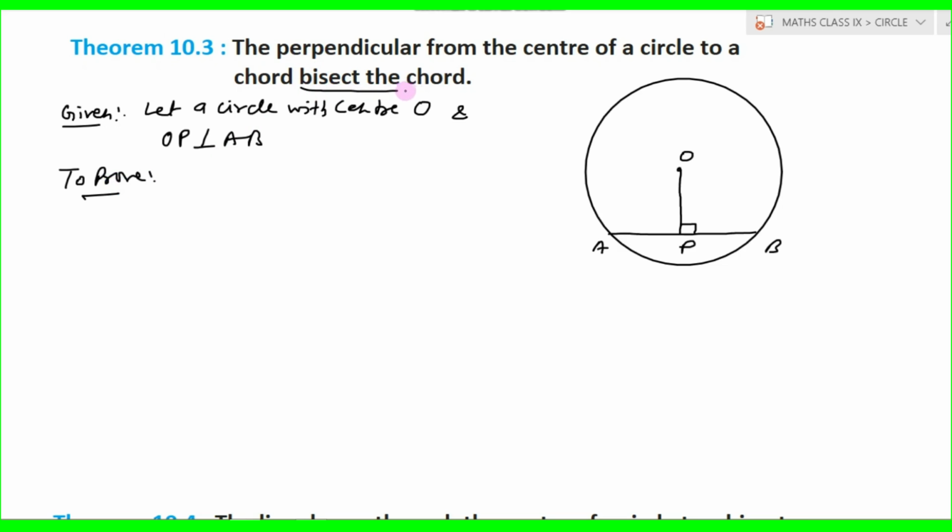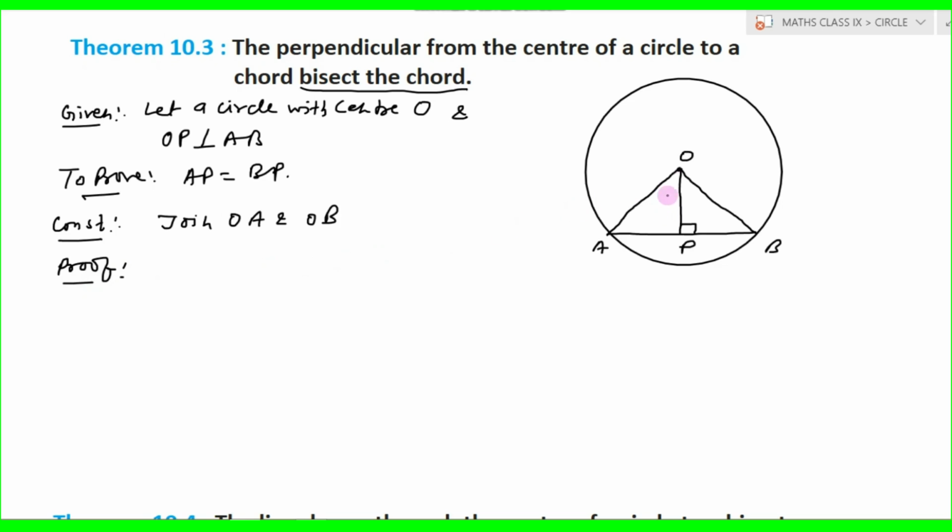This perpendicular bisects the chord means you have to prove AP is equal to BP. So to prove this, here we need a construction. What is the construction? Join OA and OB. Join OA and join OB. And the last step is the proof.